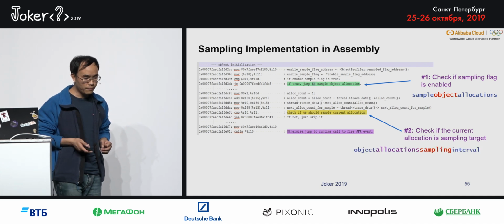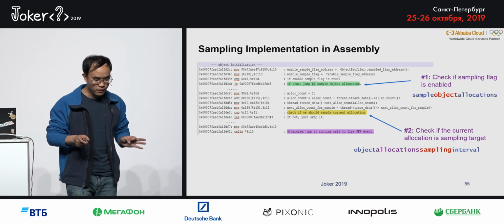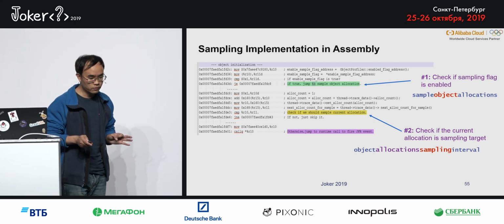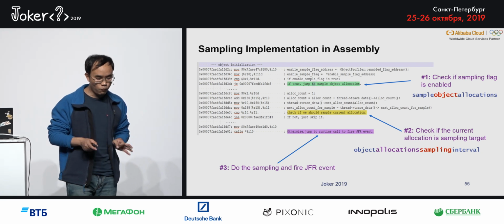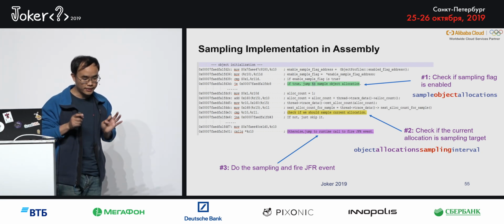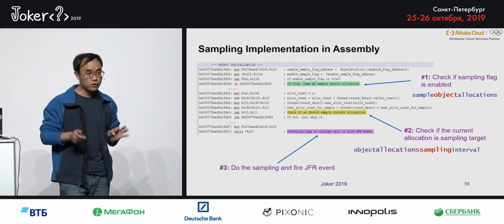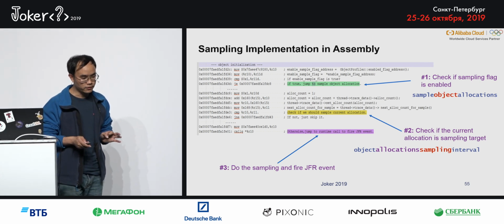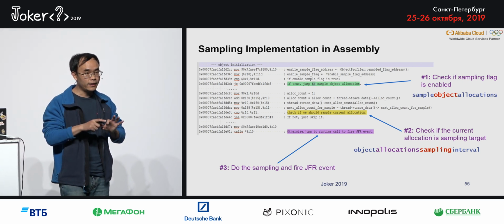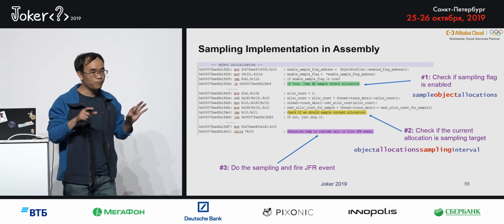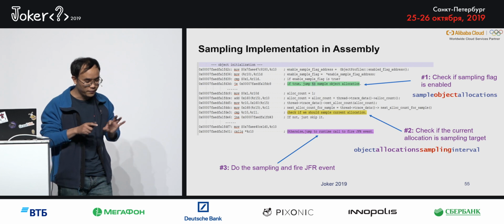If you remember, this target is controlled and configured by the object allocation sampling interval. If the conditions in step 1 and step 2 are satisfied, then we do the sampling and fire the related JFR event. This is our assembly code, dumped by turning on the print compilation JVM parameter.